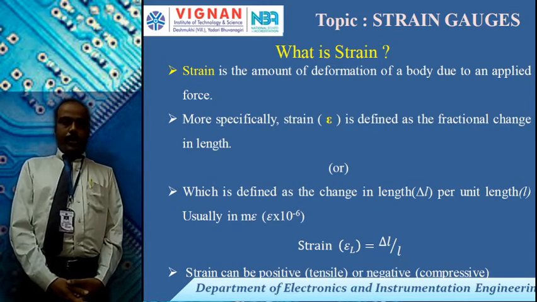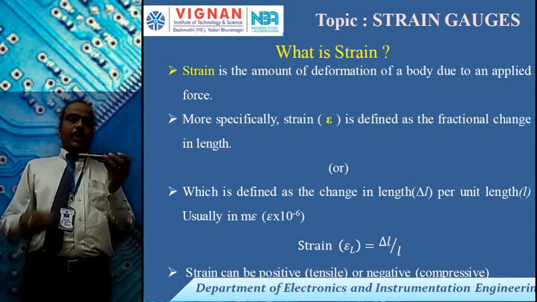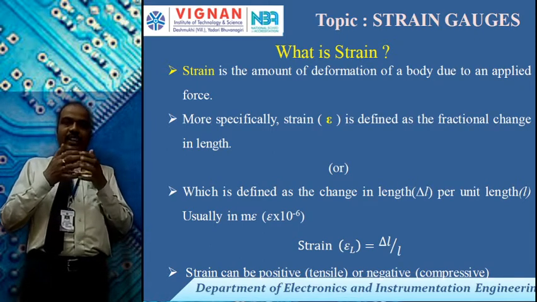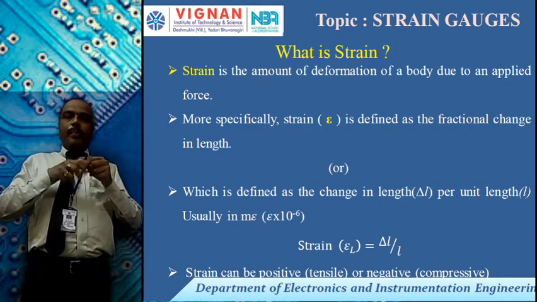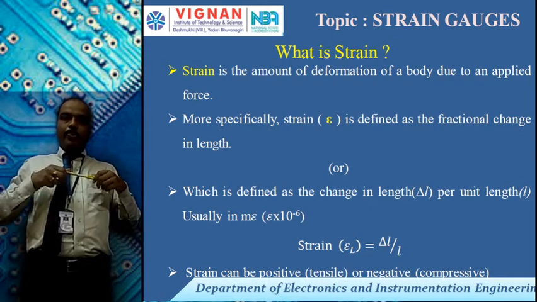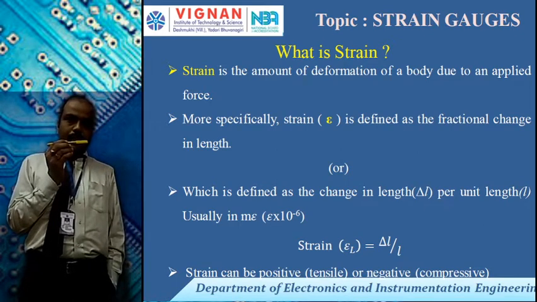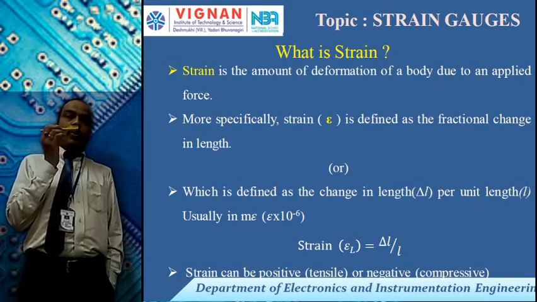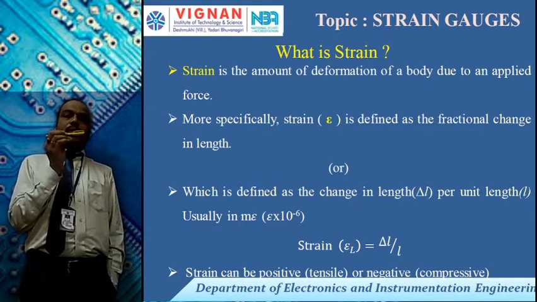applied force. If you take any body, for example an elastic element or a flexible element, and you apply some amount of force, that may be a compressional force or an elongation force, then deformation of this body can happen. How much deformation of an object or body occurs due to the applied force is nothing but strain.